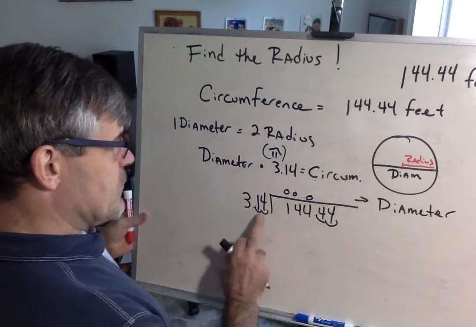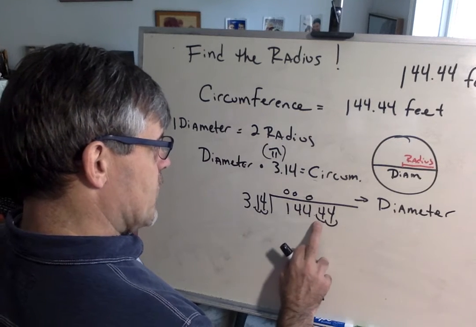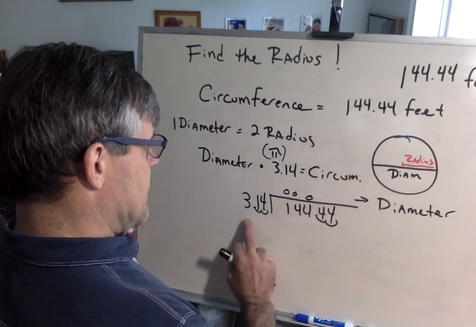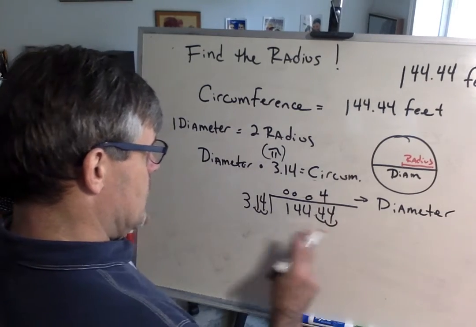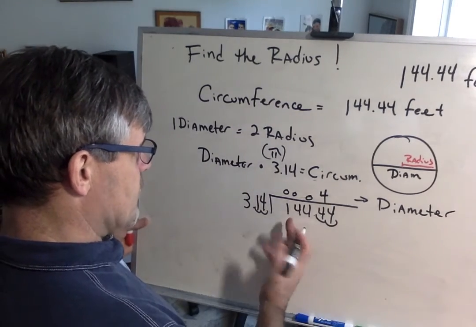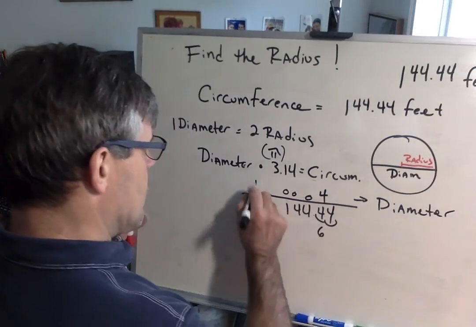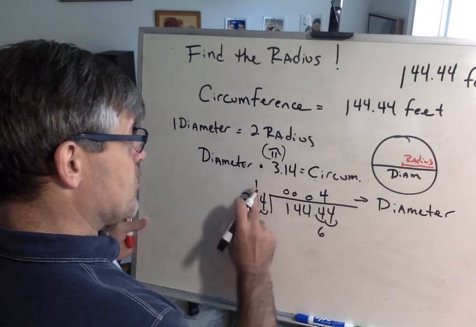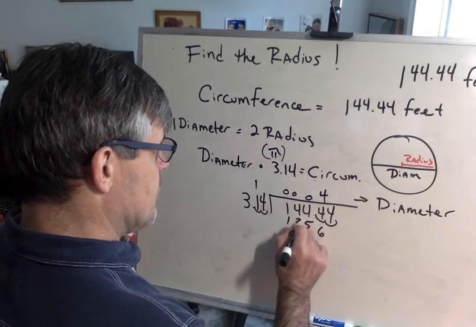So now we have 314 goes into 1,444. And I'm going to say 4, because 4 times 3 is 12, and that's really close to this. So 4 times 4 is 16. Carry the 1. 4 times 1 is 4 plus 1 is 5. 4 times 3 is 12.